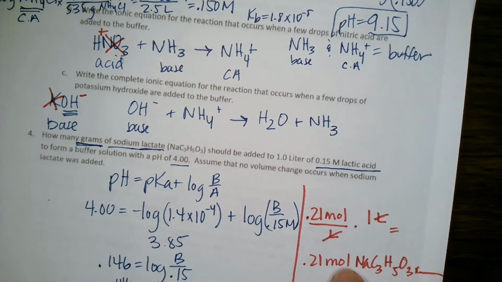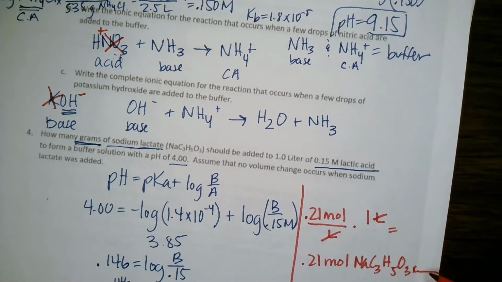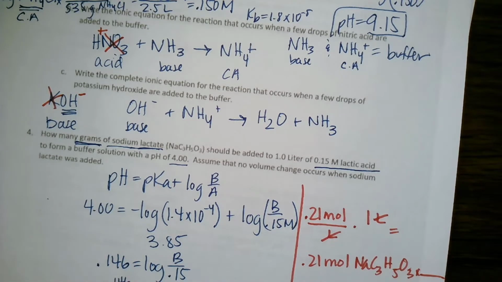Now, to get rid of moles and get to grams, we need to find the molar mass. So 1 mole will be on the bottom here. Let's add up our molar mass.